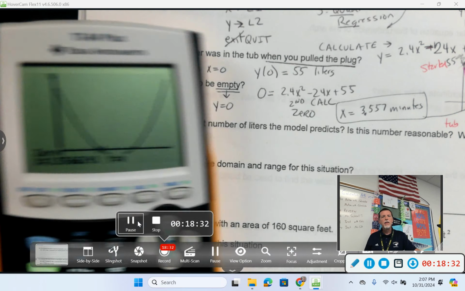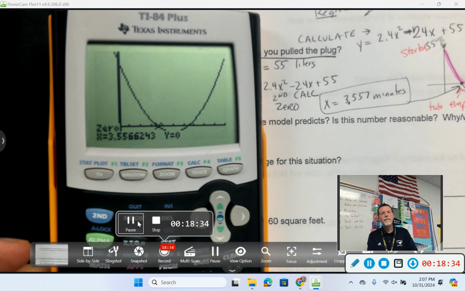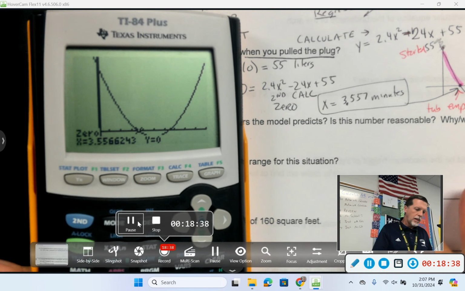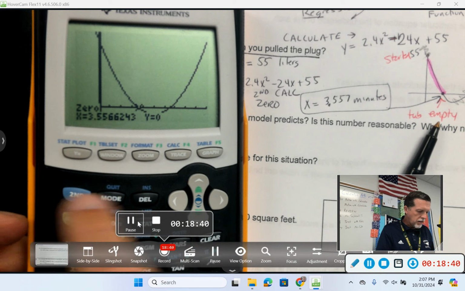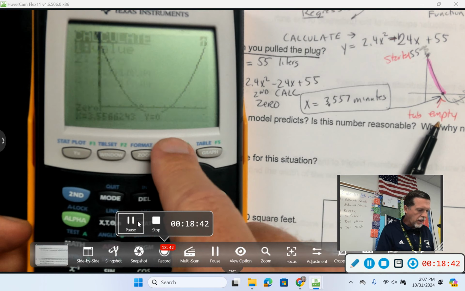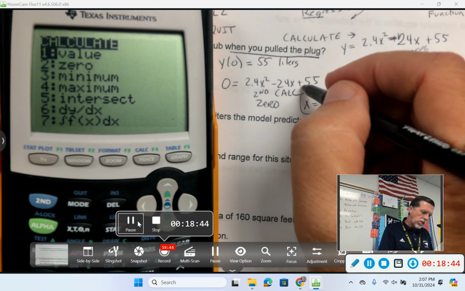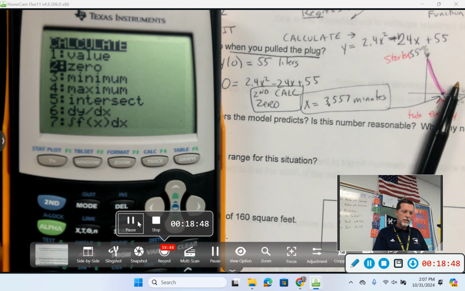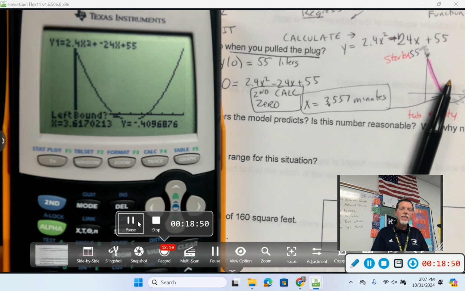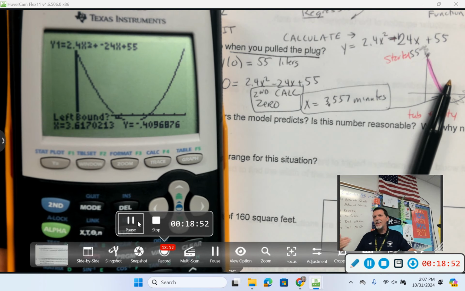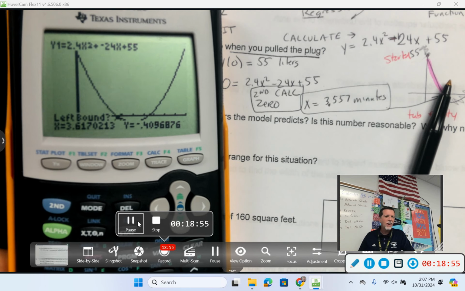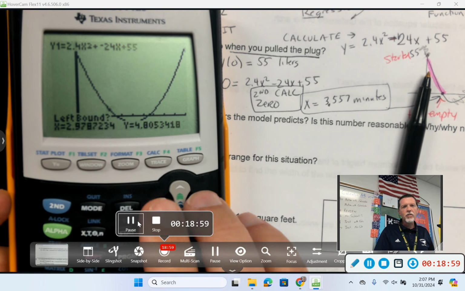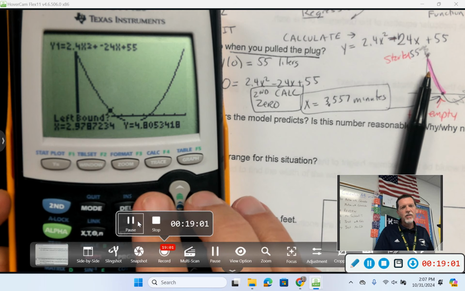Can you show how you got to doing the write down and all that? Yes. So, second calc, and I want to find the 0, so 0, and then it prompts you. So if you can get to second calc 0, or really just second calc, because you would know you're looking for a 0, left bound means you're going to scroll to the left of the 0 and press enter.